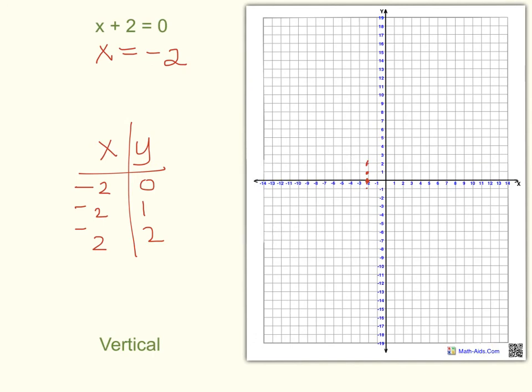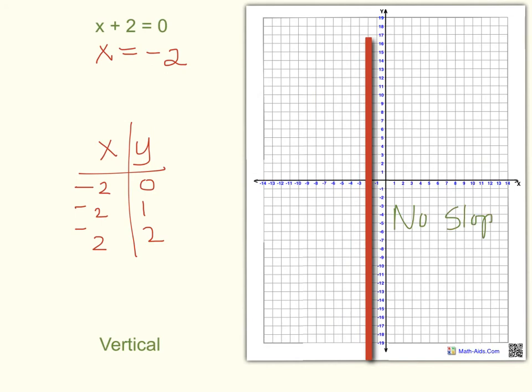So it would look something like this. And that's a vertical line. Now remember, the slope of a vertical line is no slope. There is no slope of a vertical line. It's not 0. There is no slope of a vertical line.